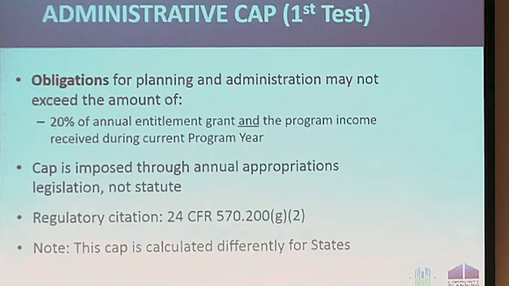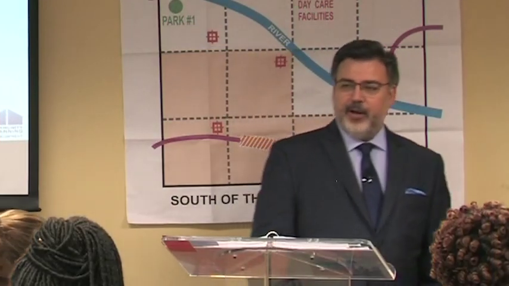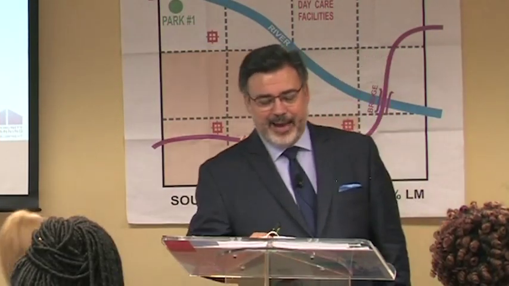So we talked about two tests for the administrative cap, right? The first test is what's always existed, and we'll talk a little later about FIFO, which is first in, first out. You all have probably heard that acronym.